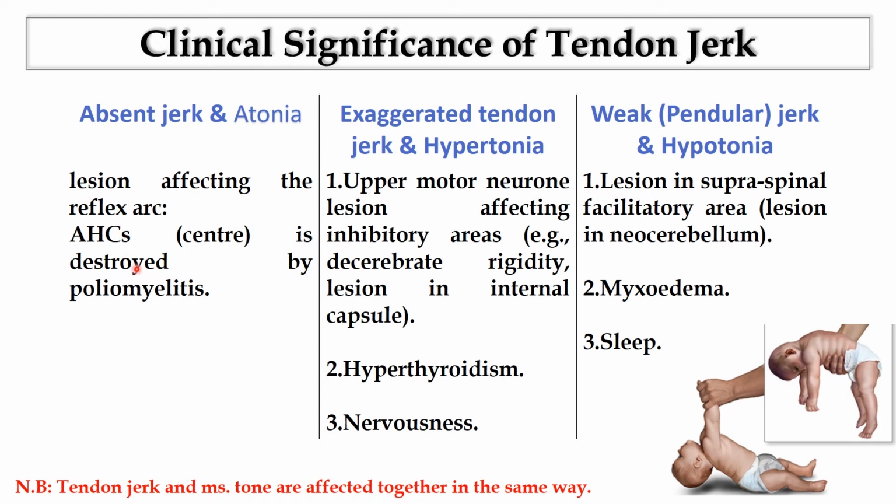In the case of hyperthyroidism, thyroid hormones increase the excitability and increase the reflexes and decrease the reaction time of the reflexes, and nervousness or anxiety also increase the excitability and increase the tendon jerk and hypertonia, or increase the stretch reflex in two aspects, either static in the muscle tone or dynamic in the tendon jerk.